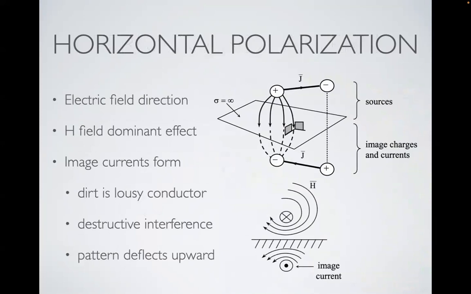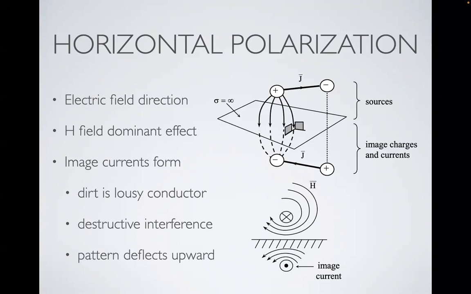Polarization, as I mentioned, is really important. If we have things that are horizontally polarized, we tend to have what's called image currents in the dirt. And the image currents in the dirt are actually kind of reverse of each other. And what they have a tendency to do is cancel out closer to the dirt. And the higher you get, the more they enhance. And the canceling and the enhancing is kind of like additive and subtractive.